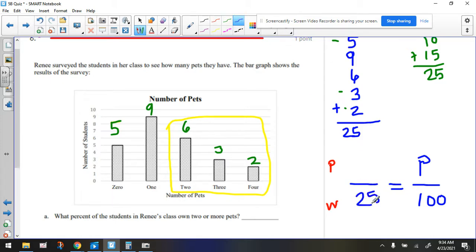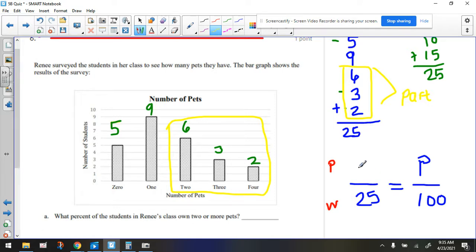Now, what you need to do next is add up 6 plus 3 plus 2. In other words, what's the sum of these numbers here? Add that up, because that's going to be the part that they're talking about, or the folks that have 2 or more pets.